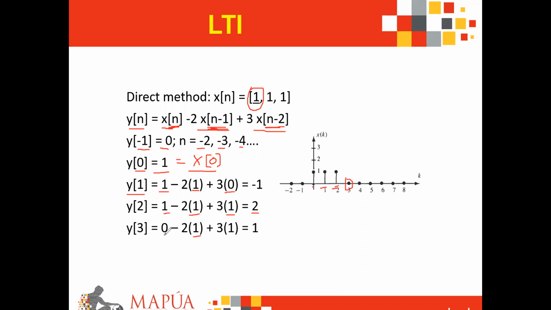So the value is 1 there. And then x at 3 minus 2 would be x at 1, and the amplitude value there is simply 1. So if I evaluate now, the answer would be +1.